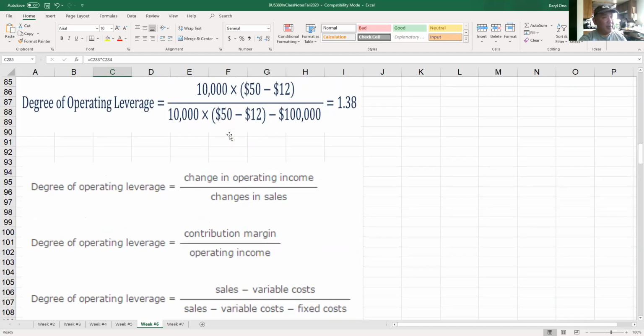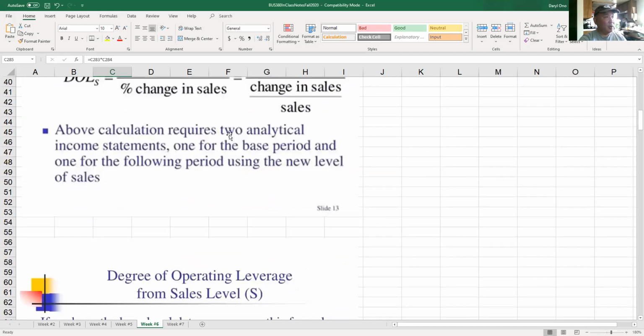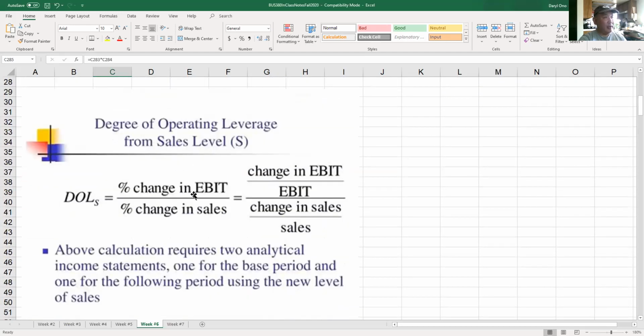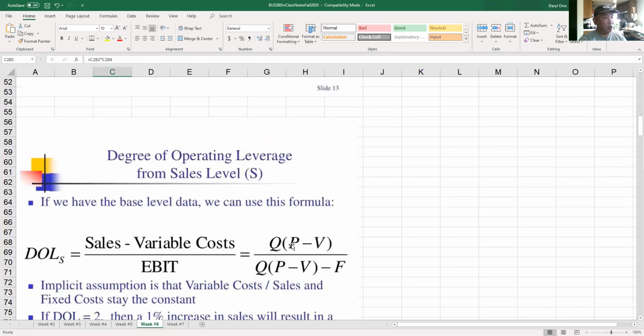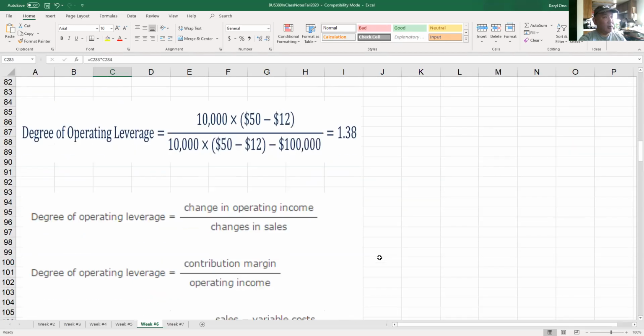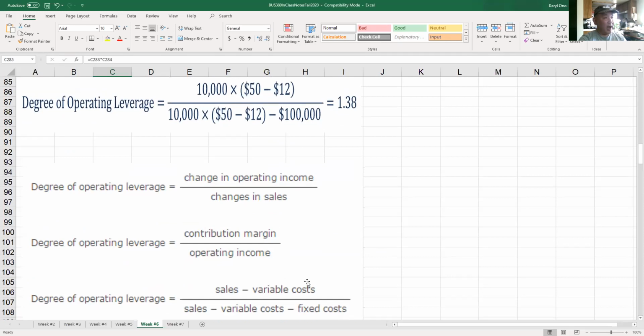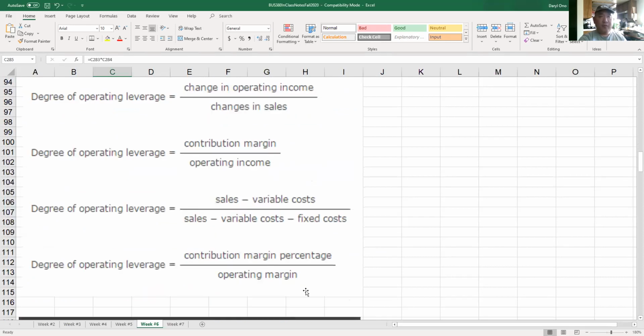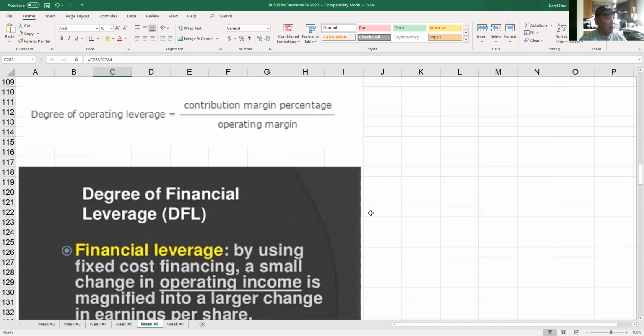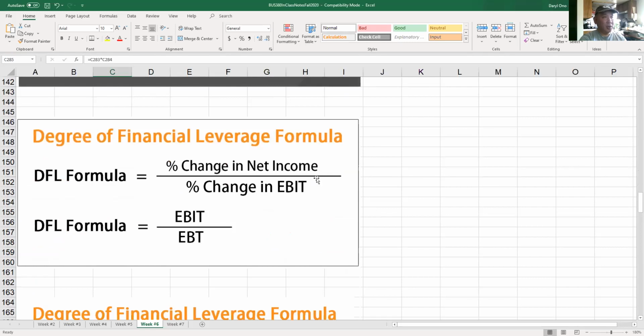So how many formulas do we have for degree of operating leverage? 1, 2, 3, 4, 5, 6, 7 different formulas. They're all going to give you the same answer. But because you're going to be given a limited amount of data, you have to understand which of these formulas to use. And same thing with the degree of financial leverage.